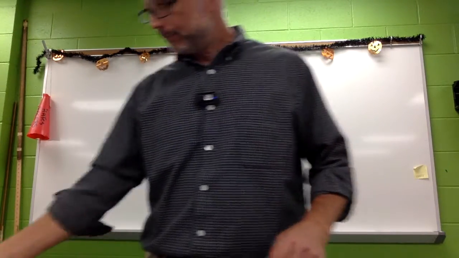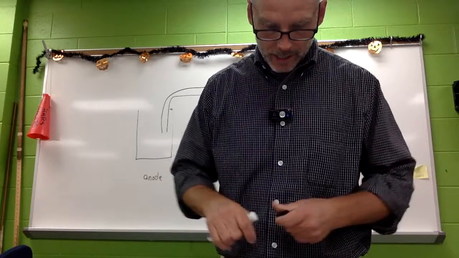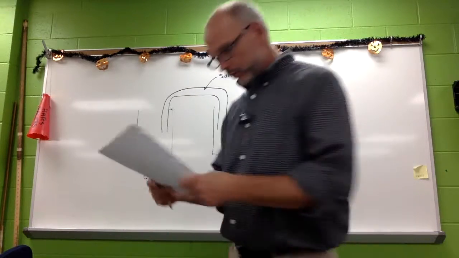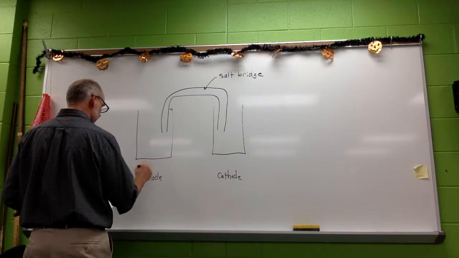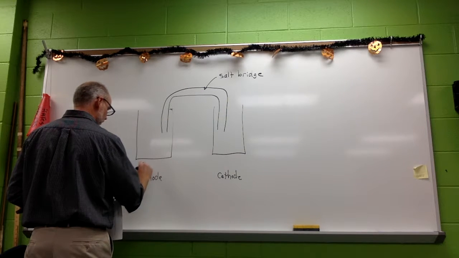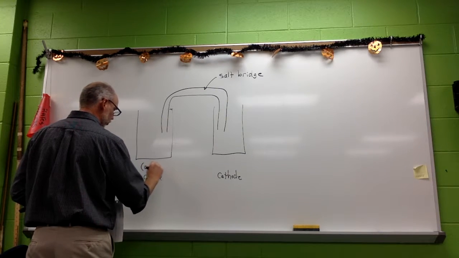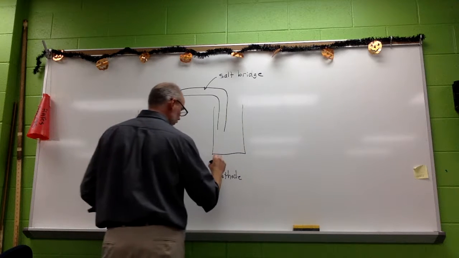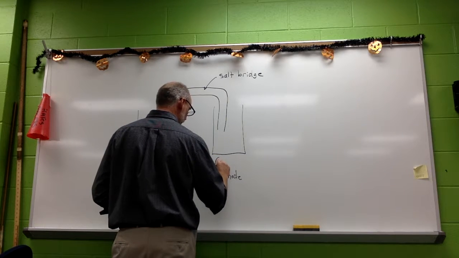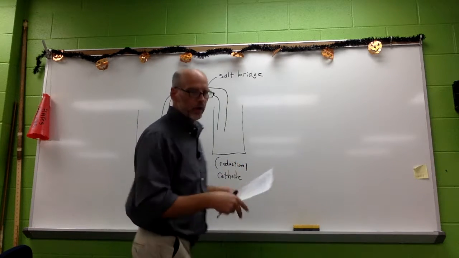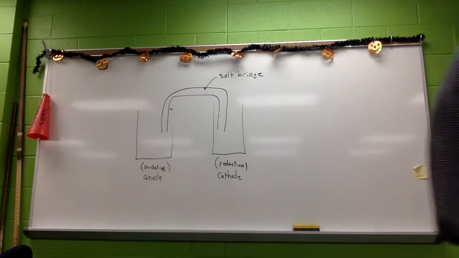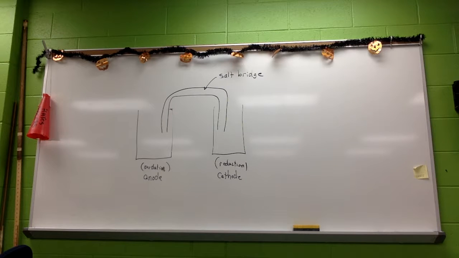Okay. Now, since we're looking at the anode here, what occurs? Well, this is where the oxidation is occurring. And then obviously over here at the cathode, we're going to have reduction. Now, I'm not usually, as you guys know, a big person for mnemonic devices, but enough people confuse this that I'm going to give you a little hint.